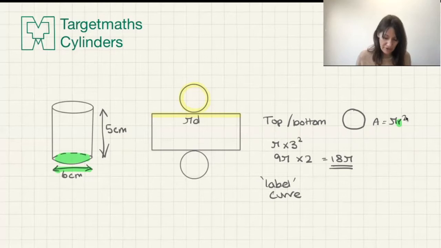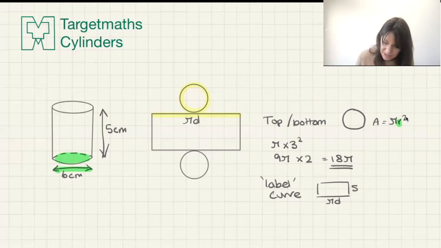It's absolutely fine. So the curve is obviously my rectangle with pi d as the base, and I've got a height of 5. So I'm going to be doing pi times the diameter, which is 6, times 5. That gives me 30 pi.